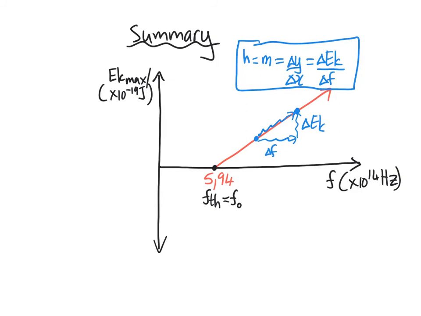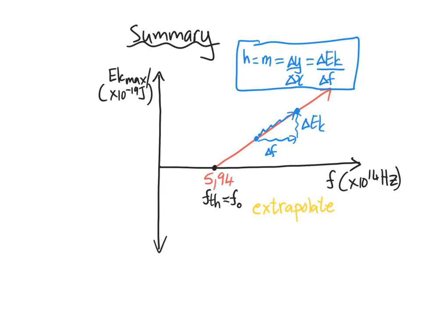Then if we were asked to use the graph in order to determine the work function, we would need to extrapolate. We would need to expand the graph beyond the data set that is presented here.